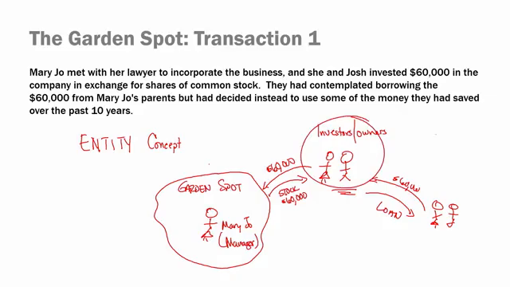But instead of doing that, they went to the bank account and got $60,000 from their bank account and used that to invest in the Garden Spot. So the transaction for the Garden Spot would have been no different. The only transaction it's engaged in is issuing stock to owners in exchange for $60,000 in cash.